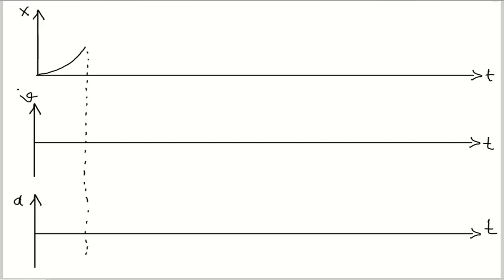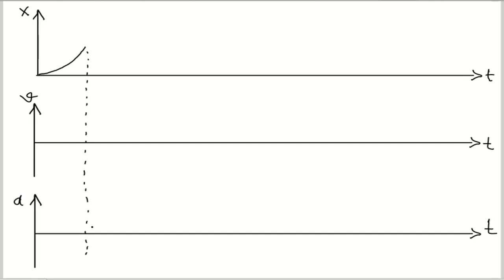Corresponding velocity graph is increasing speed. On x versus t it was parabolic, but on v versus t it is a linear line. The corresponding v versus t graph can be found by taking small steps on x versus t and calculating the slopes of these lines, which I will come back to later.